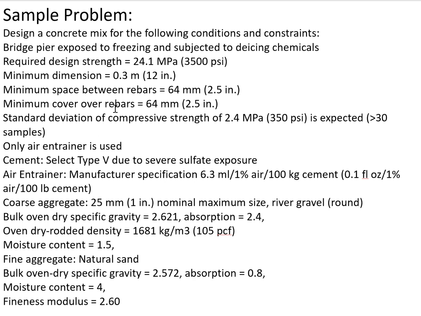So we know the strength specified by the designer, f'c, is 24.1 MPa. Also the standard deviation, it's given to us as 2.4 MPa, and it's based on the experiments performed on more than 30 samples.